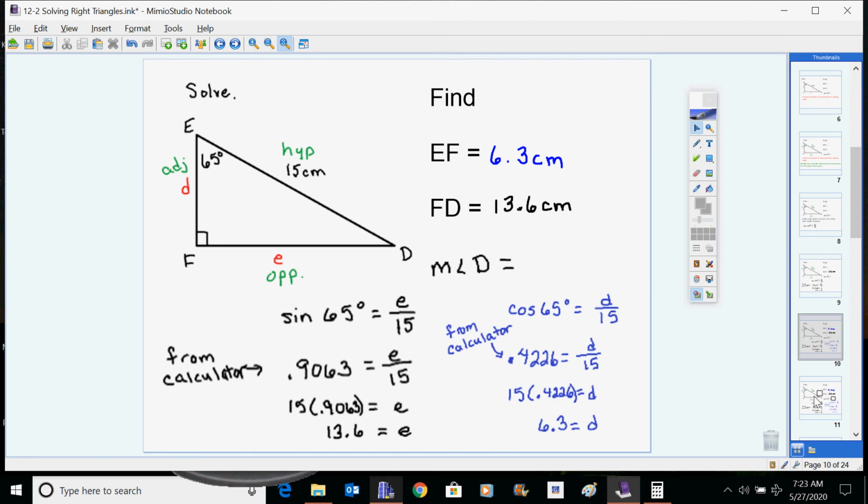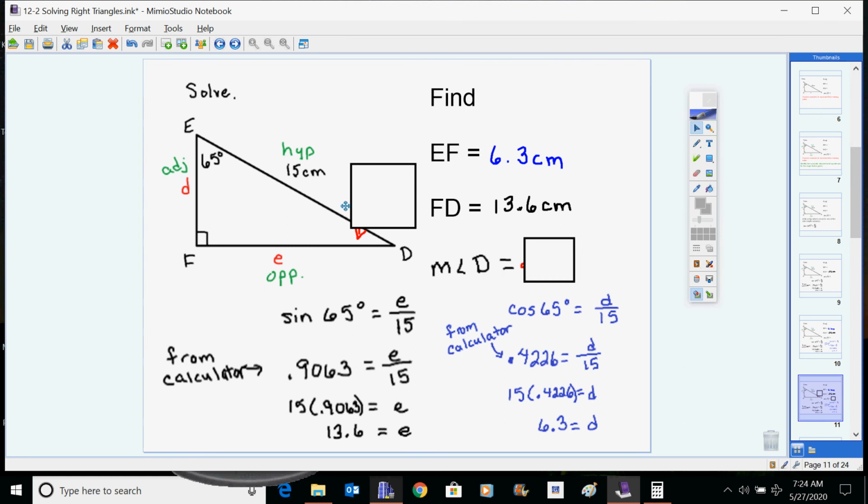Now, I saved the easiest for last. The easiest thing is to find the other angle. The reason I saved it for last is that sometimes people go for the easiest first, but then get confused with opposite, adjacent, and hypotenuse and start getting all kinds of wrong answers because you now have another angle to think about and it gets confusing.